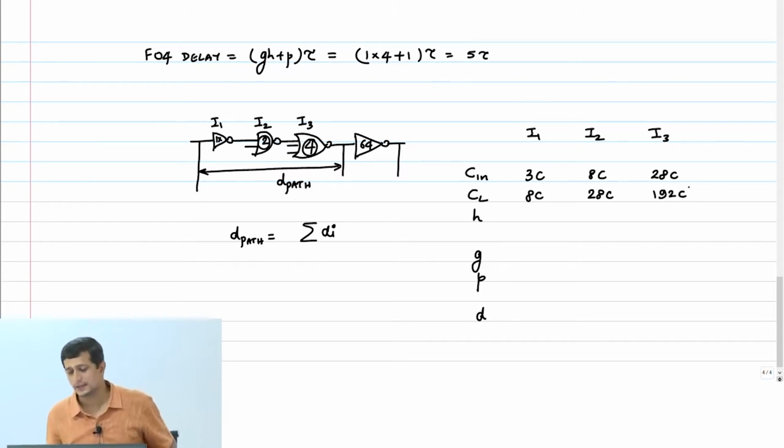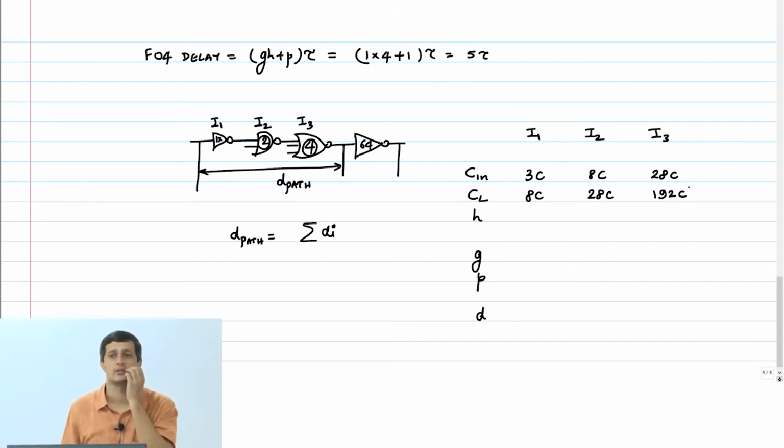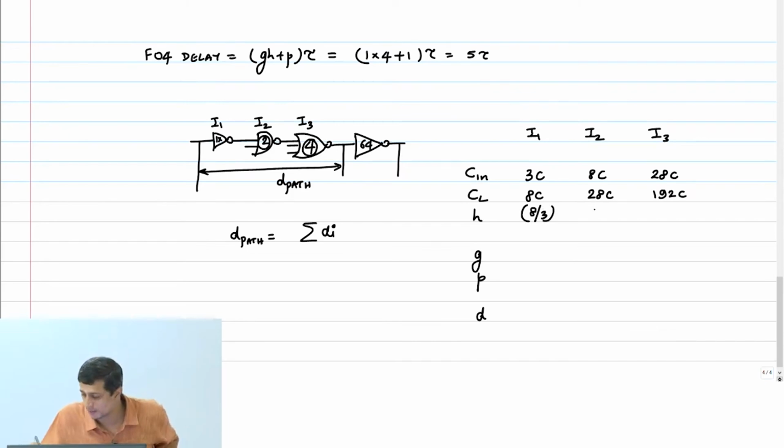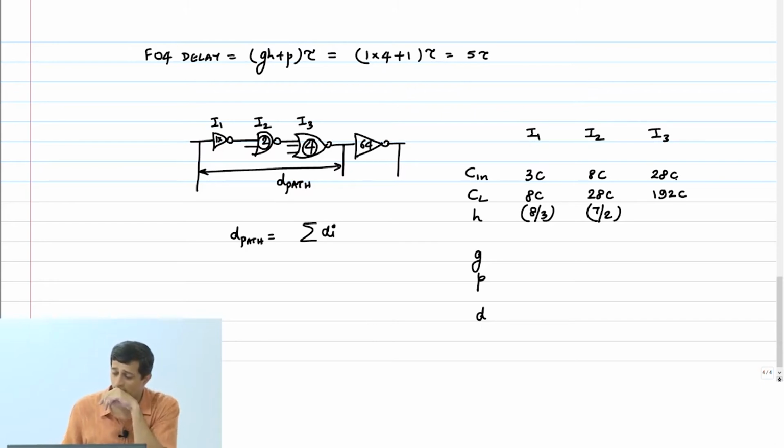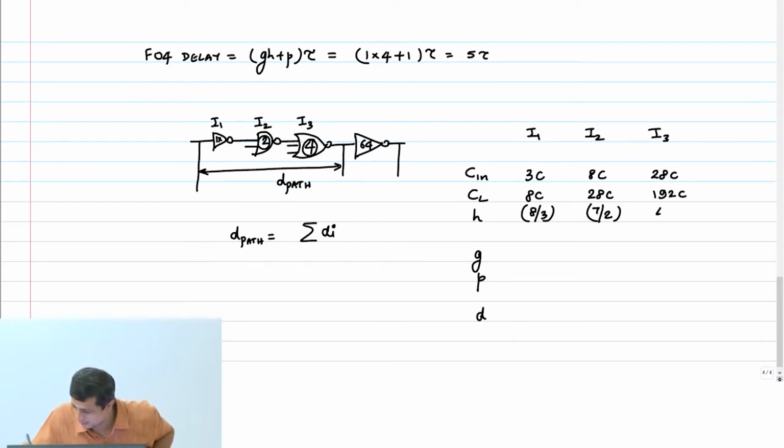So what is the electrical effort H for each of these gates? It is simply 8 by 3 for this one. This is 28 by 8, 7 by 2, and I3 is 192 by 28. What is that? 48 by 7. Okay.